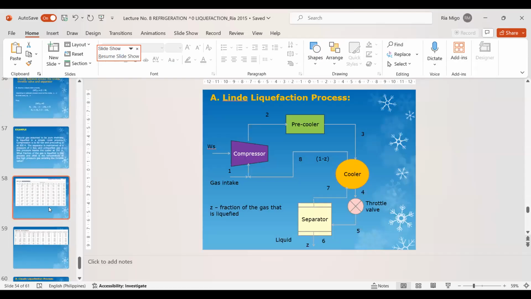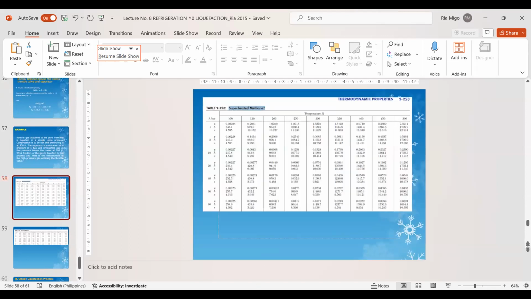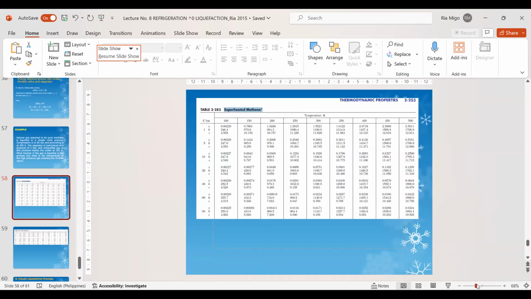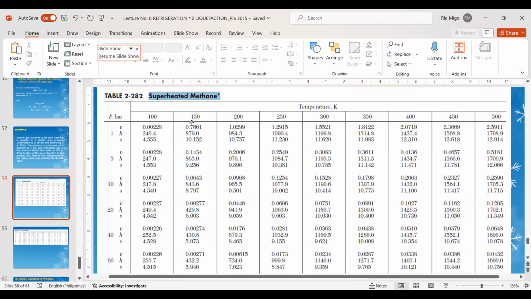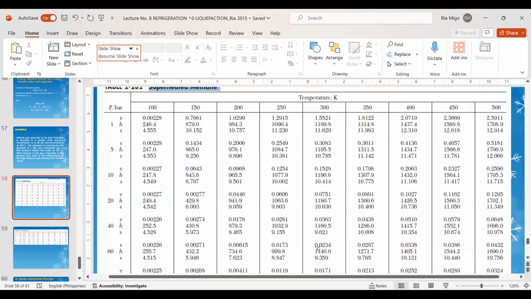Right now, what I have here is from Perry's Chemical Engineering Handbook. Superheated methane at 300 Kelvin and 60 bar. So the columns are the temperature and the rows are the pressure.